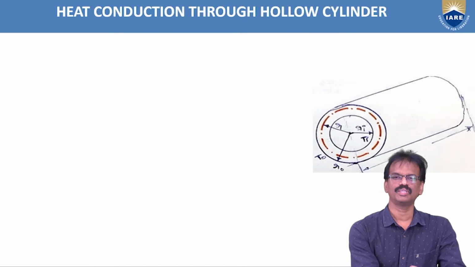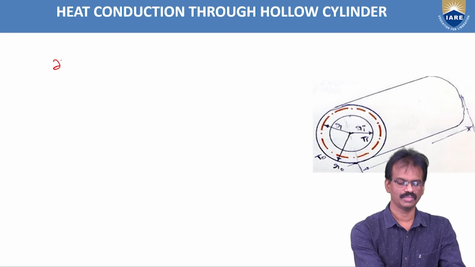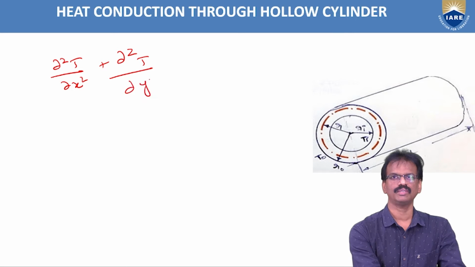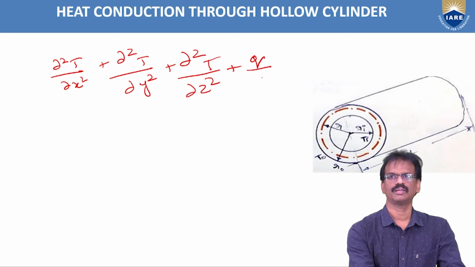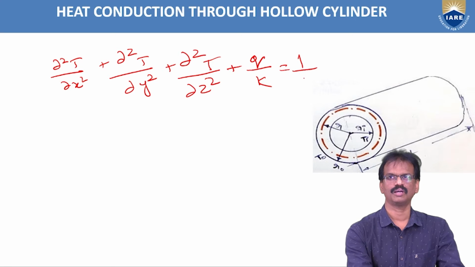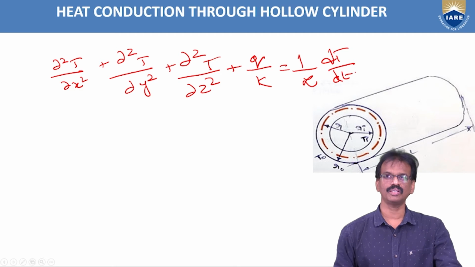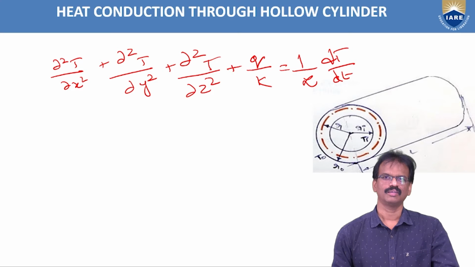You know that according to the Cartesian coordinate system, we got the conduction equation like this: ∂²T/∂x² + ∂²T/∂y² + ∂²T/∂z² + q/k = (1/α)(∂T/∂t). You got this formula for the heat conduction in Cartesian coordinate system.